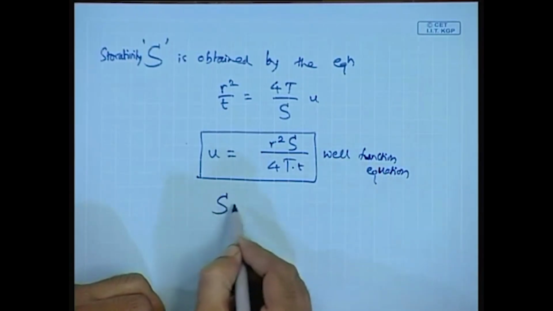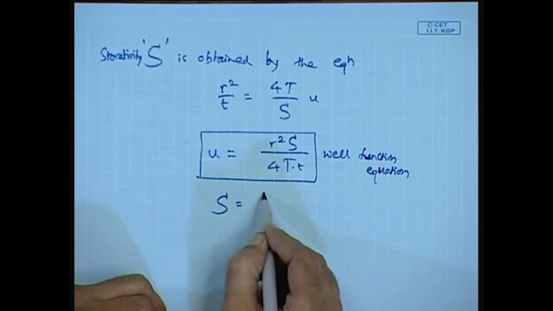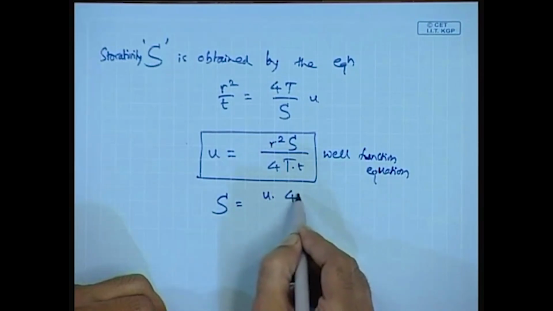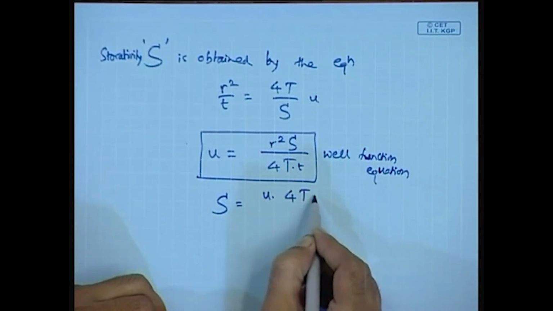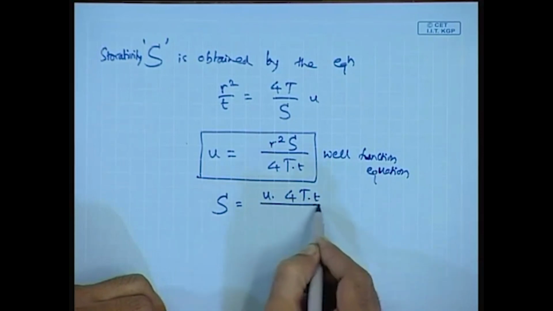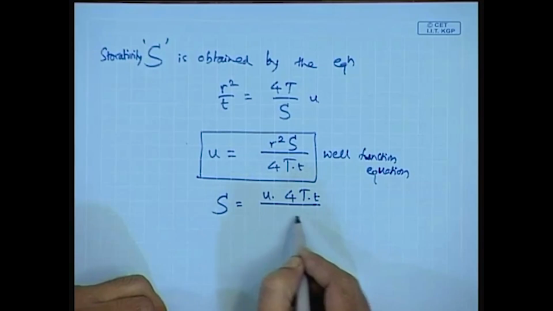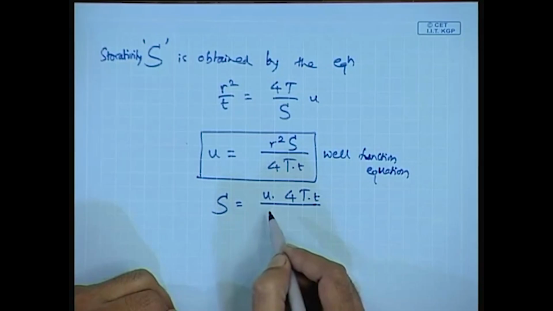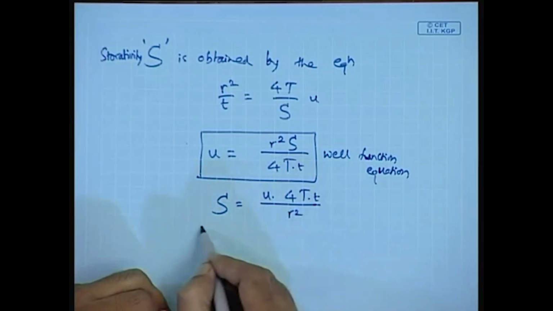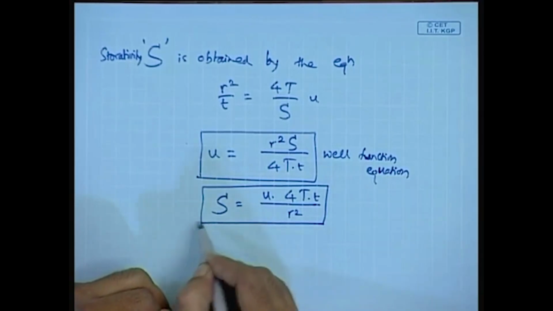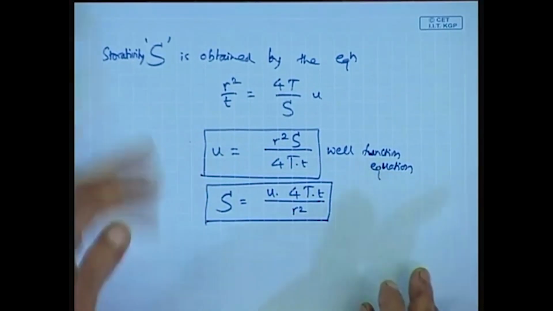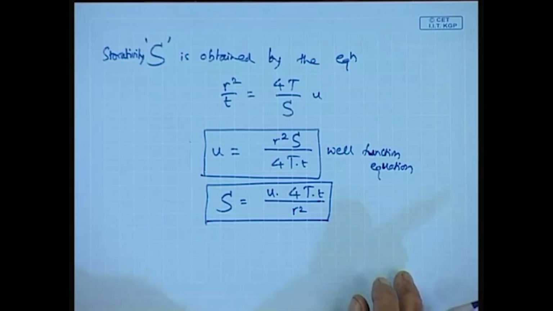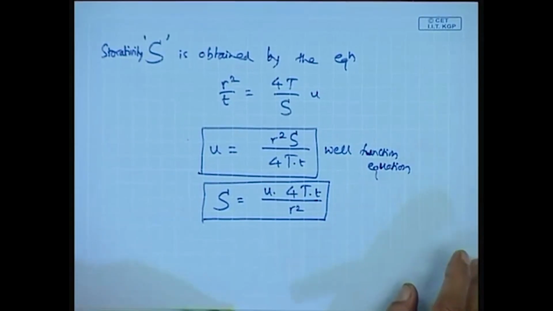From this, the storativity S is equal to u into 4 transmissivity T into time since pumping divided by r square. So, like this, using Chow's relationship between F(u) and W(u), we can determine the formation constants of the aquifer.